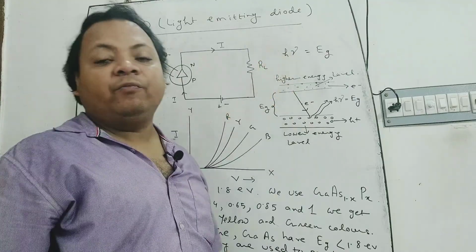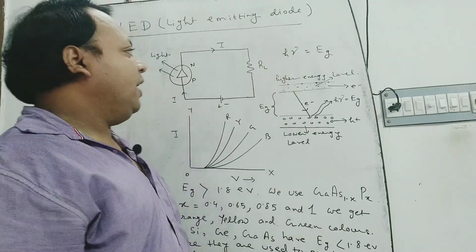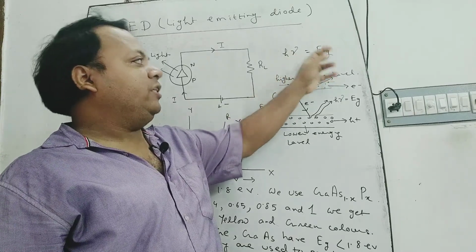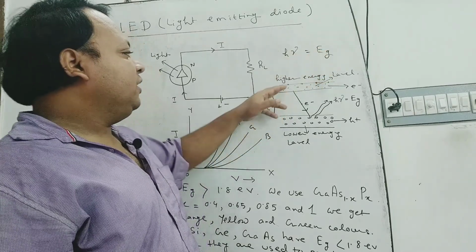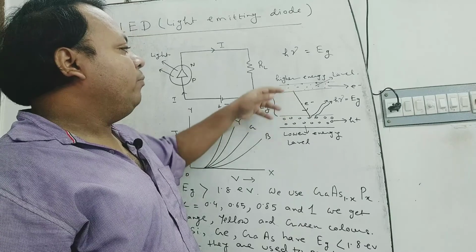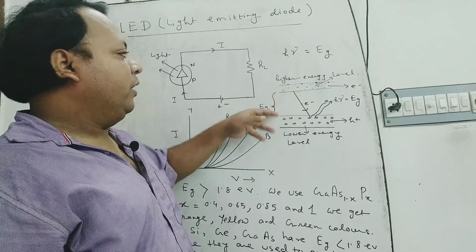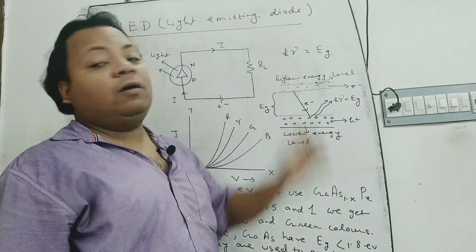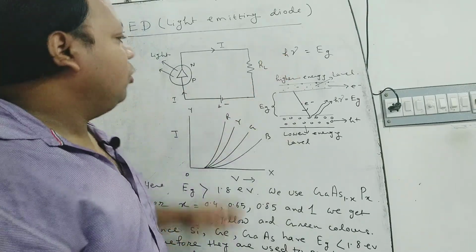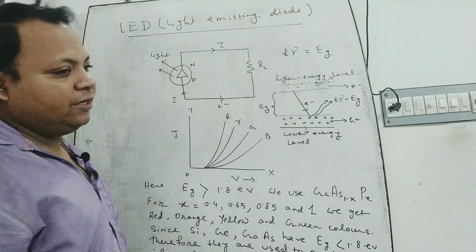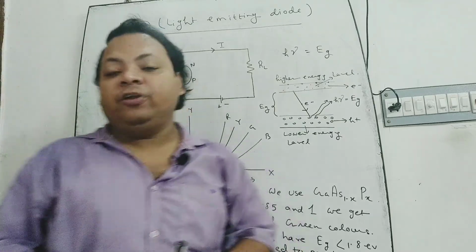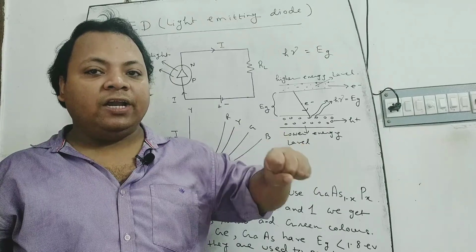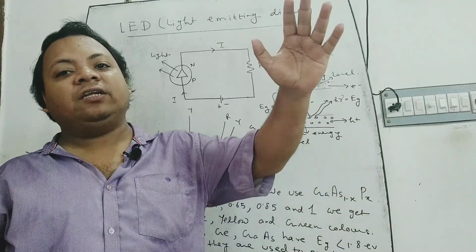If nu is the frequency of the emitted light, then h nu is equal to Eg. Here Eg is the energy gap between the high energy level and the lower energy level, and h is the Planck constant. When current passes through this circuit, the free electrons first gain some energy and jump to the high energy level.